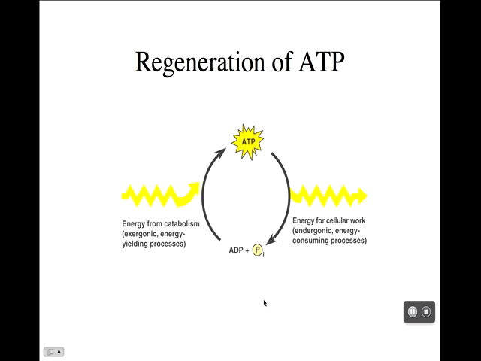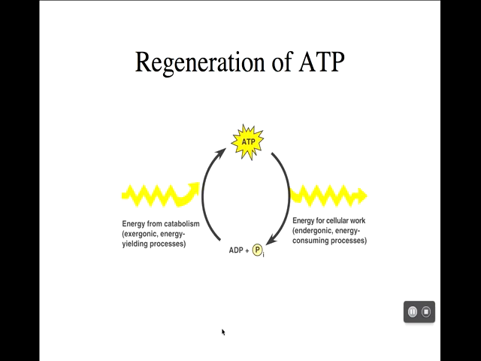Constant regeneration. A working muscle cell will completely go through all of its ATP once per minute and then have to regenerate. So very, very common reaction. And again, the reason is because the ATP breakdown can be used in order to drive some of these endergonic processes. So it's a great way to store and release, store and release, store and release energy as it's needed by the cell.